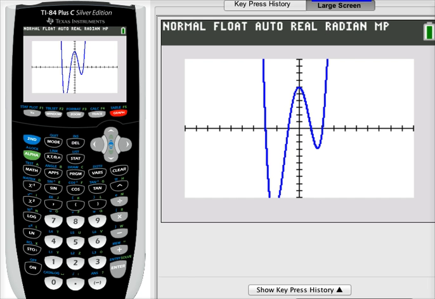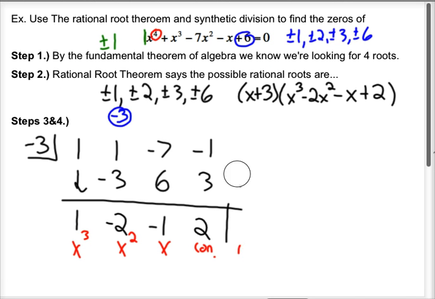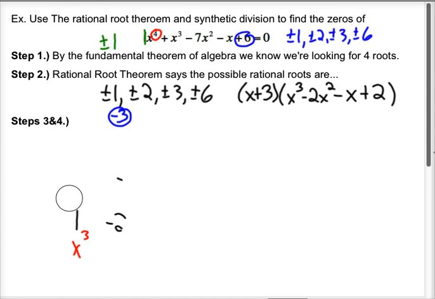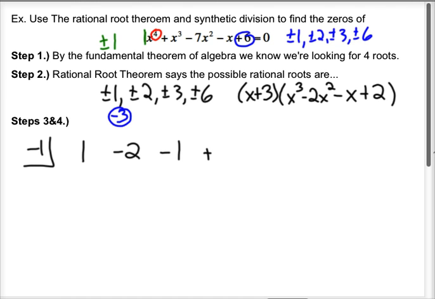Now let's see here. Looks like we have another root at -1. So I'm going to use this process on my new polynomial that I have left at -1 to verify that one. So 1x cubed minus 2x squared minus 1x, oh, then positive 2. Let's see what happens here.